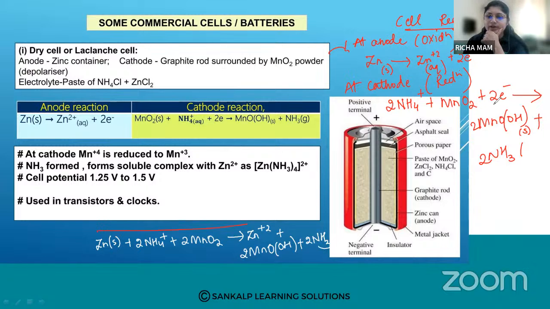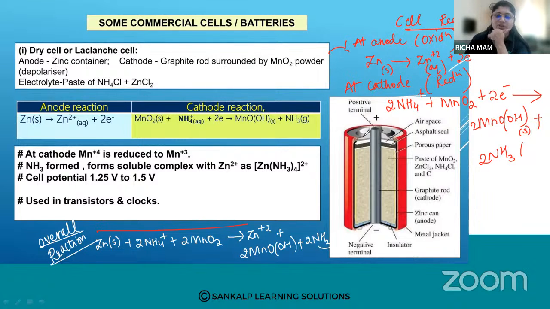The two electrons get cancelled, and the rest we write in the overall reaction. So this is my overall cell reaction. Very important: you need to know the cathode reaction, the anode reaction, and the overall cell reaction.